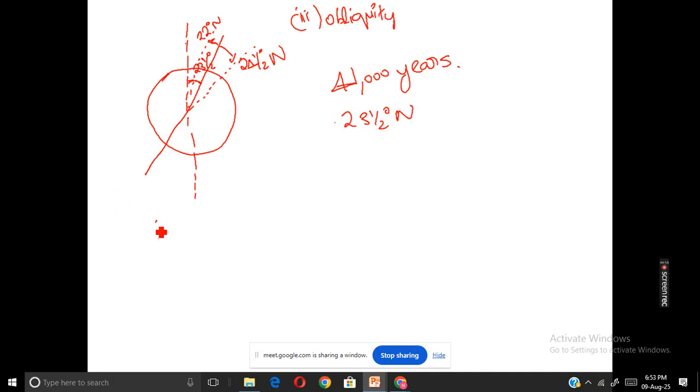So we learned three things. First one is eccentricity, which is changing the shape of the Earth's orbit from elliptical to circular.